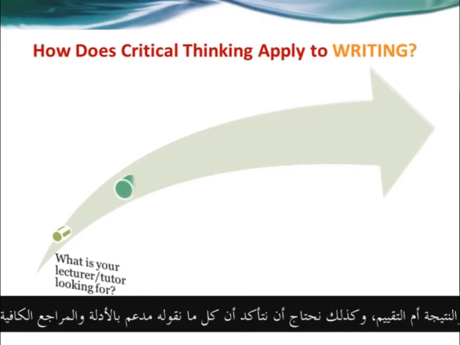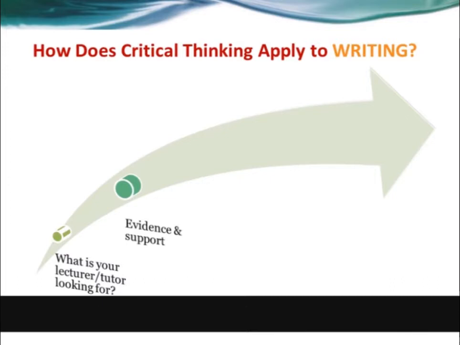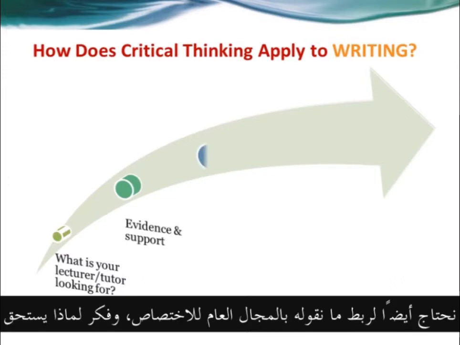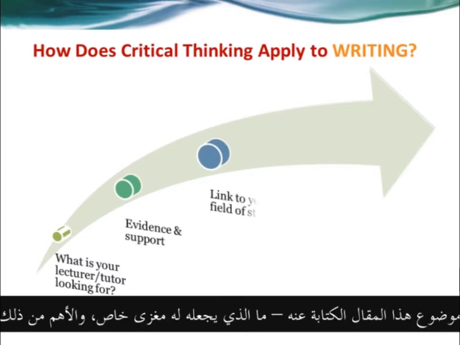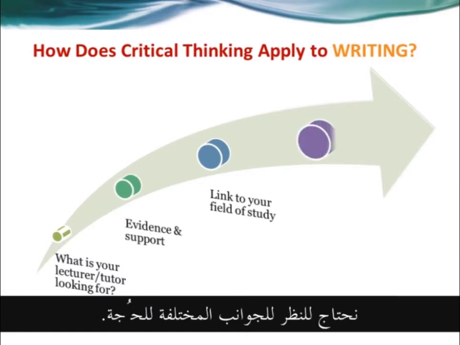We also need to make sure that everything we say is backed up by sufficient evidence and references. We need to link what we're saying into the overall field of the discipline and think about why this essay topic is worth writing about. What makes it particularly significant? Most importantly, we need to look at different sides of an argument.